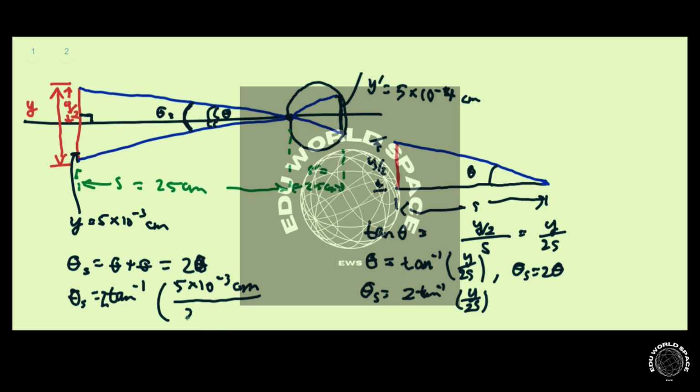And then that's 2 times s, which is 25 centimeters. And when you plug this in, you get 0.0002 radians.